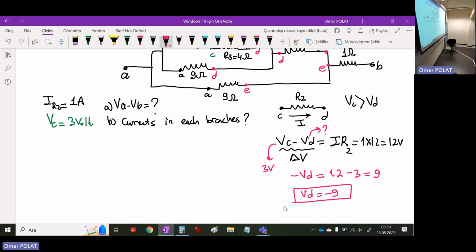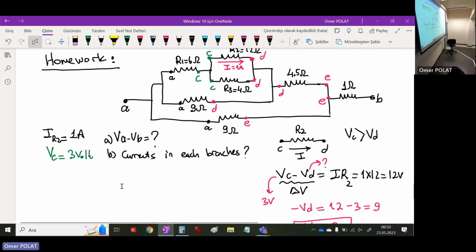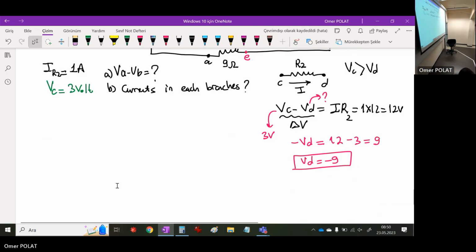Okay? I calculated first the potential of D, minus 9 volts. Now, 3 minus minus 9 is 12. Okay? Left side positive, right side negative potential. So D is negative, minus 9.